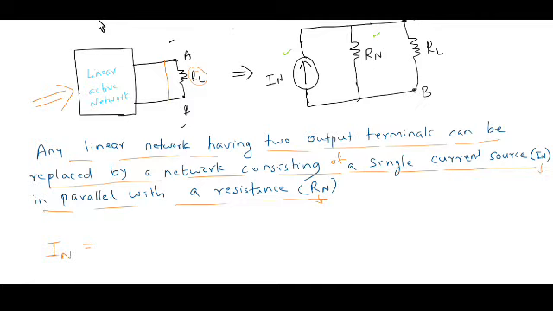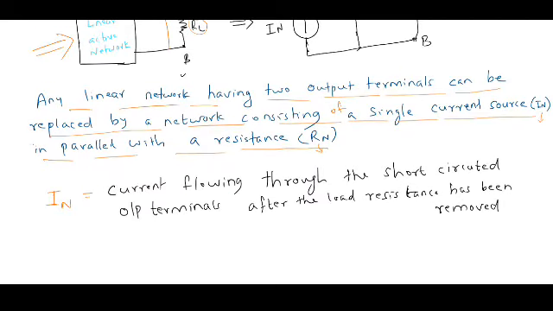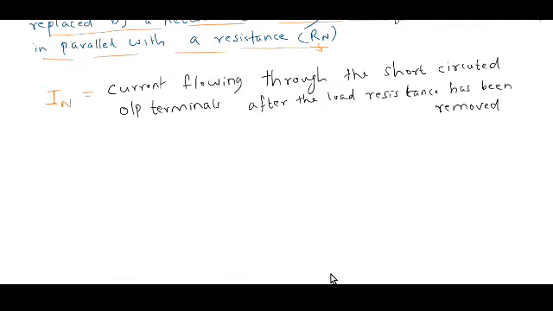Let me write here: this is the current flowing through the output terminals after the load resistance has been removed and the terminals A and B are short circuited. This is actually the short circuit current ISC.